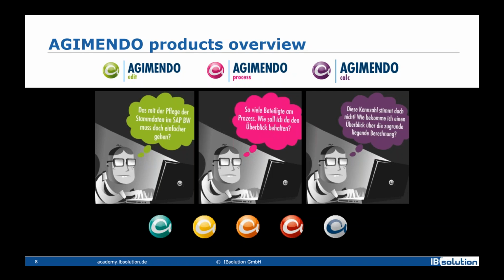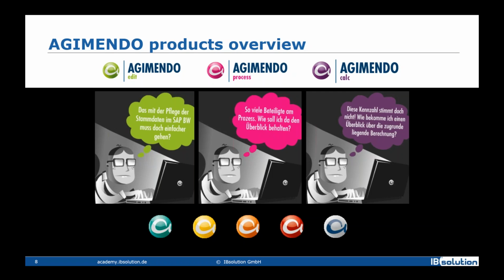Also, you can see we have small icons on the bottom of the slide. They represent packages that depend on the main products, Edit, Process, and Calc, that allow you to do specific tasks.